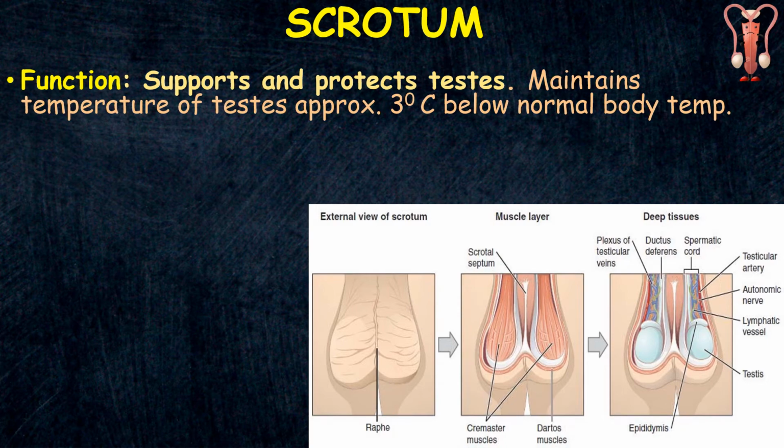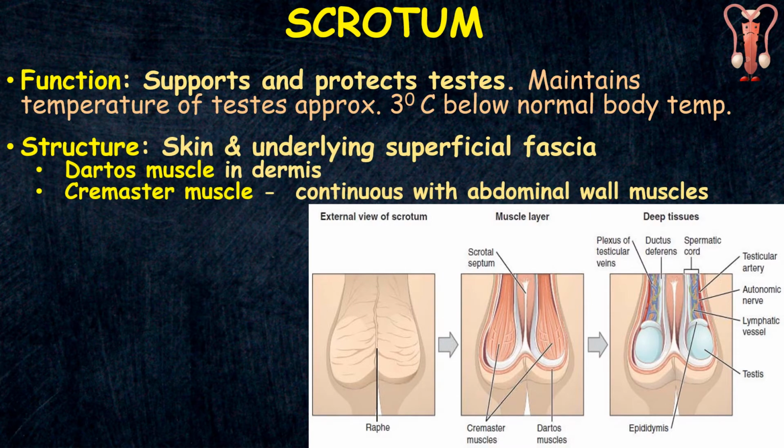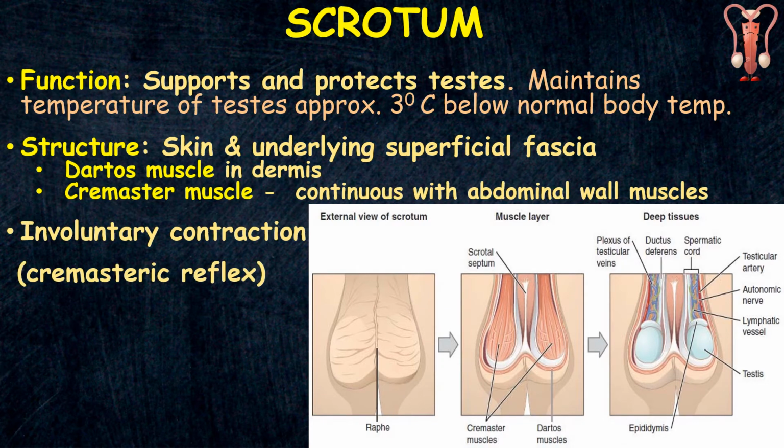Its main function is to support and protect the testes and to maintain their temperature approximately below normal body temperature. The structure is the skin and underlying superficial fascia, dartos muscle in the dermis, and cremaster muscle, which is continuous with the abdominal wall muscle. So involuntary contraction can happen, that is the cremasteric reflex.